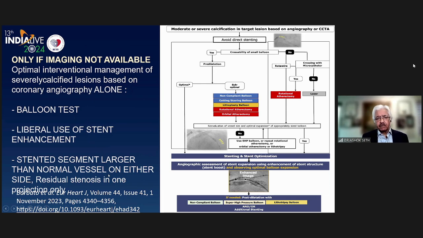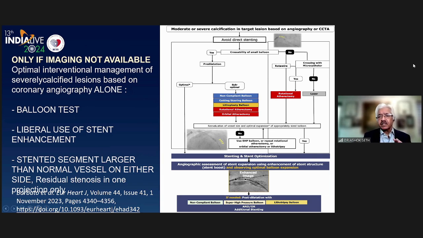The stented segment of the vessel should look larger than the normal vessel on either side. Now, if there is a residual stenosis, it has to be in one projection only. You do not chase it beyond a particular point because the balloon is expanding on the other side. But residual stenosis in two projections is bad news, and that's underexpansion.